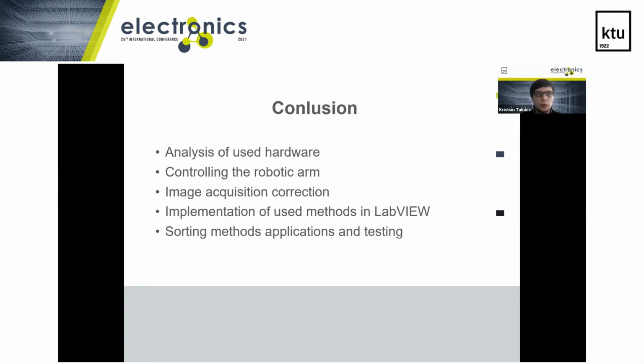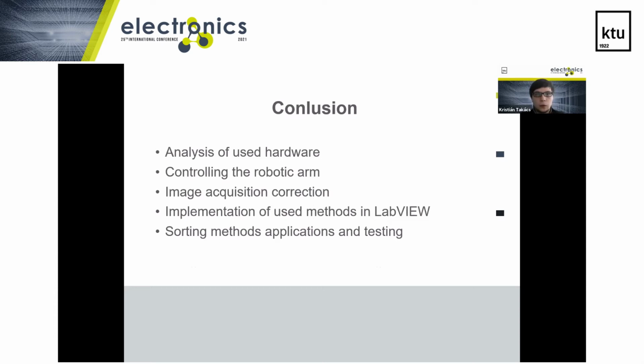So in this presentation, the design and analysis of a certain system was described. So it is possible to sort objects on the captured workplace by color, shape, or their combinations. In the GUI, the user is able to choose which of the mentioned methods is used in the object searching process.